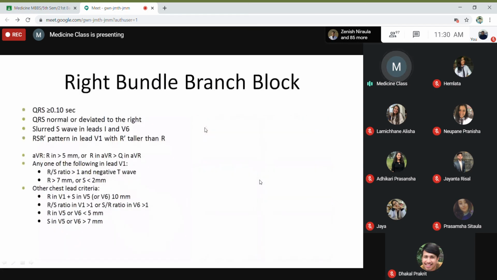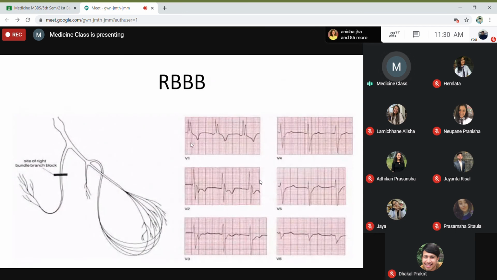In right bundle branch block, it will be just the opposite. You'll have a notched one with T wave inversion in V1, V2, but a deep S wave in V6, V5. So it's just the opposite of left bundle branch block.